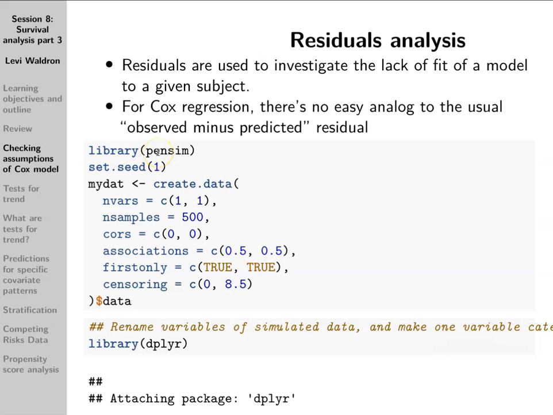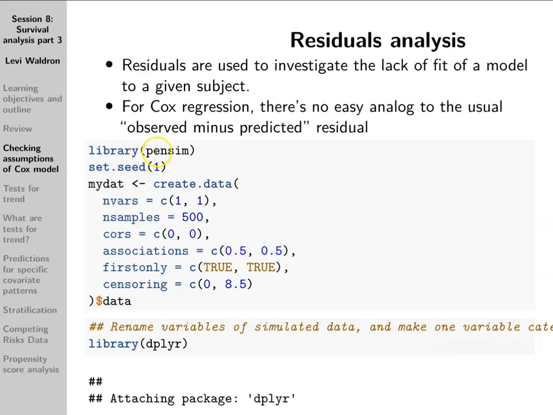This was actually my first R package that I wrote back in about 2011 or 2012, called Pensim, for simulating data for penalized regression methods. So that's one reason I wanted to do it. But another is that I can create some idealized data here to demonstrate these residuals analysis methods with.